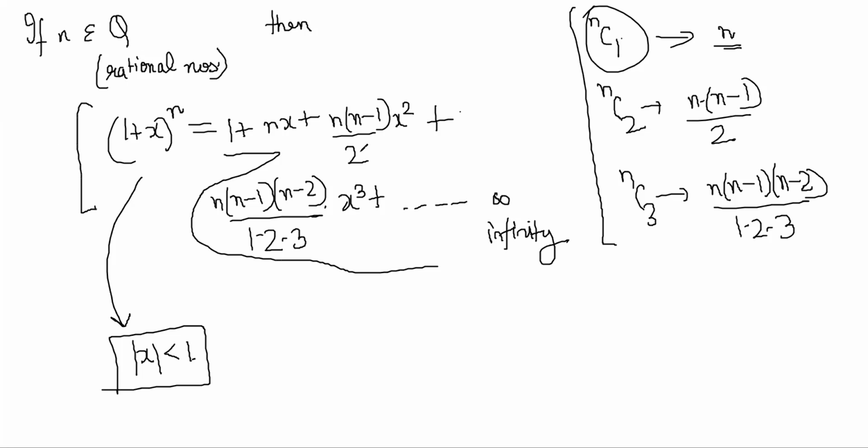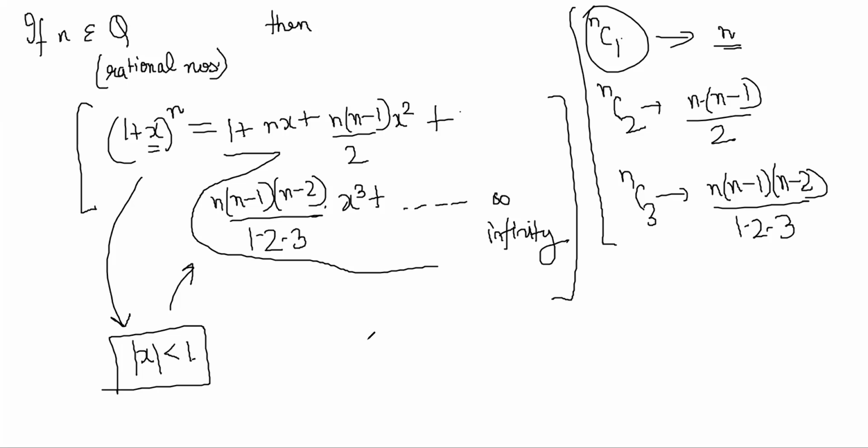The proof of this is right now not in syllabus, in the sense that fractional coefficients, fractional indices binomial theorem is definitely beyond the scope of JEE. So we will not be worried about the proof so much. Make sure that you check that your mod x is less than 1 and only then write it like this.